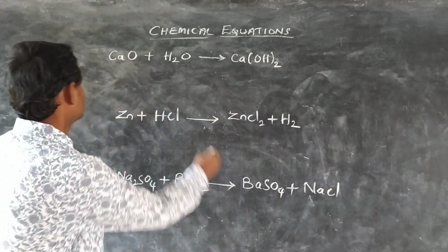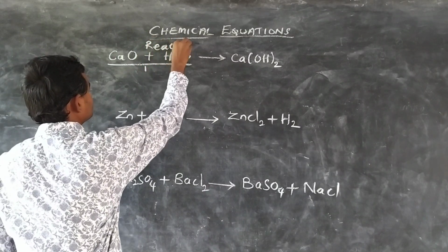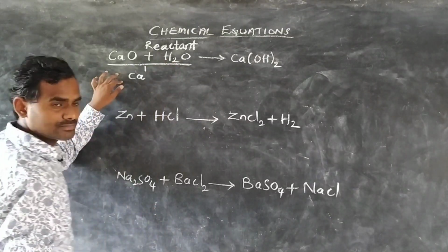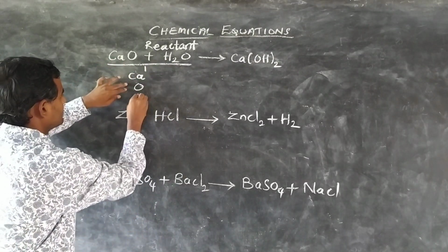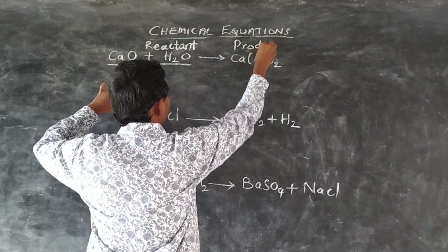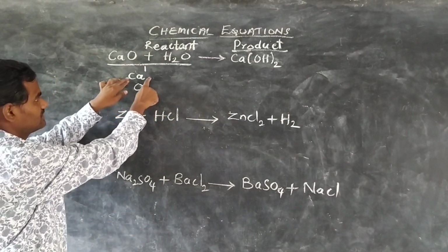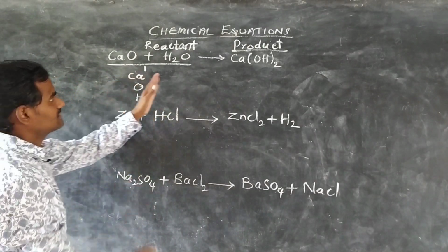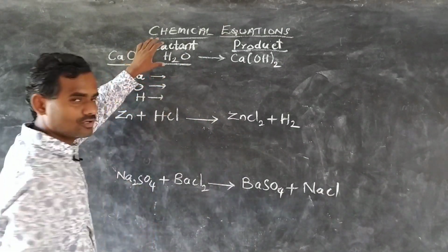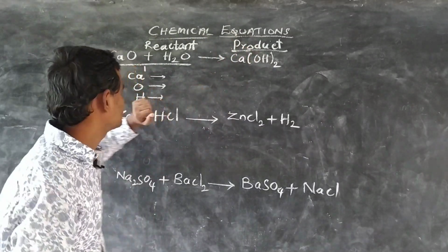On the reactant side, three atoms are present, mainly calcium, oxygen and hydrogen. On the right hand side or product side also the same: calcium, oxygen and hydrogen. These three are the atoms present on both sides. So, we will count the number of atoms on the reactant side and on the product side.